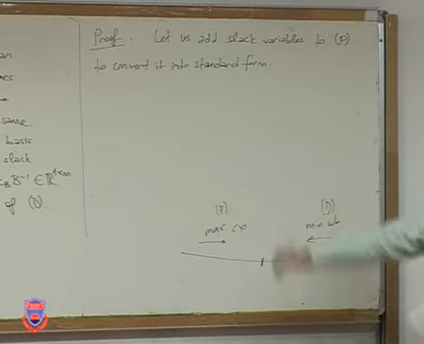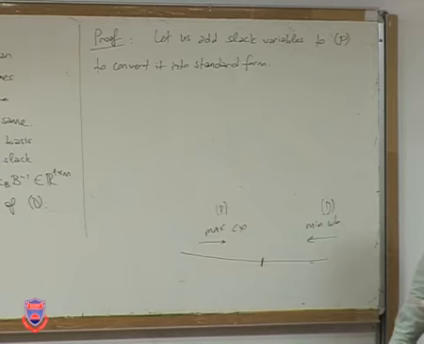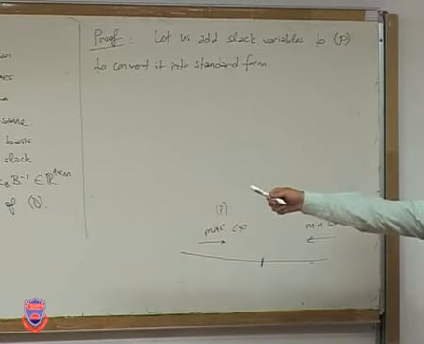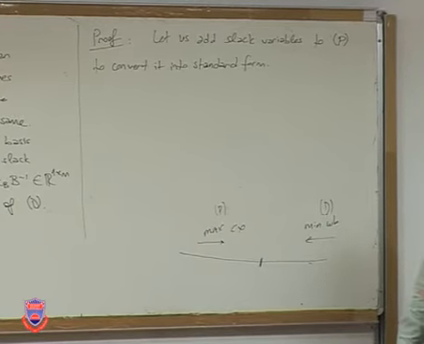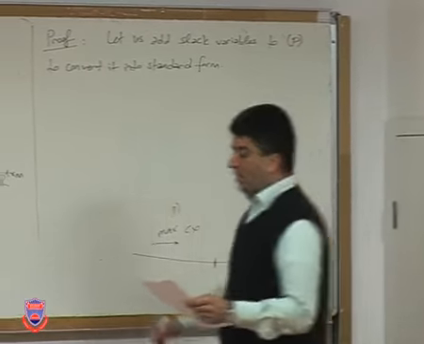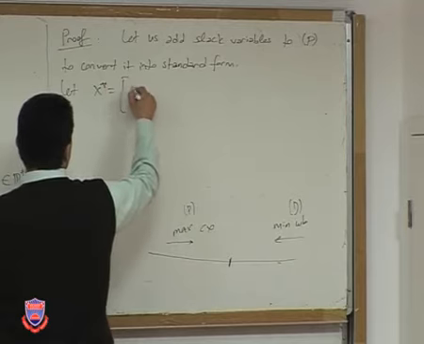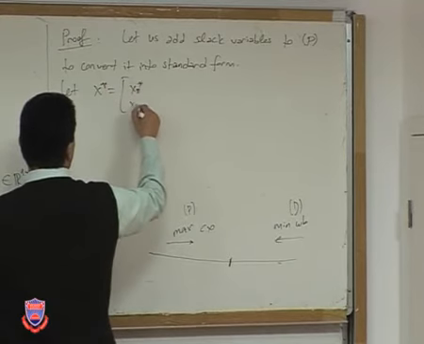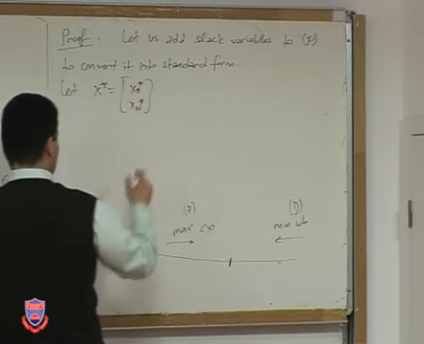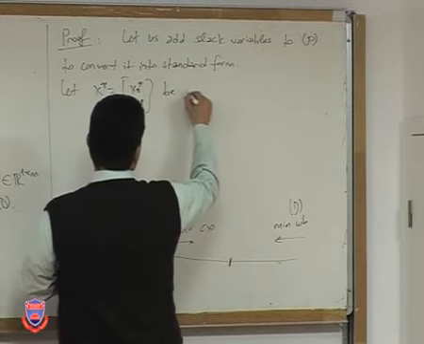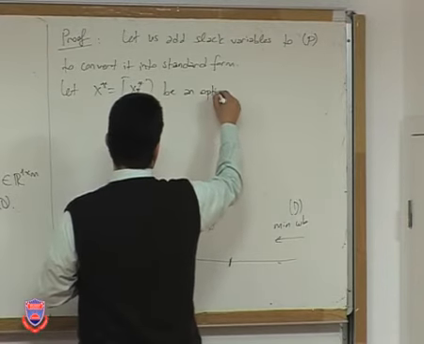Okay. So remember, we just need a slack variable for each constraint. The primal problem has less than or equal to constraints, so I just need to add slack variables, one for each constraint. And let x star, given by xp star and xn star, be an optimal basic feasible solution for the primal problem.